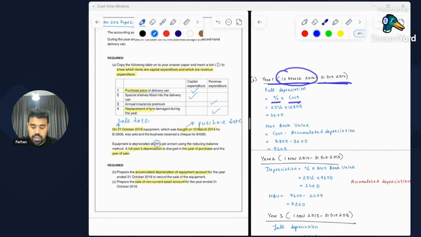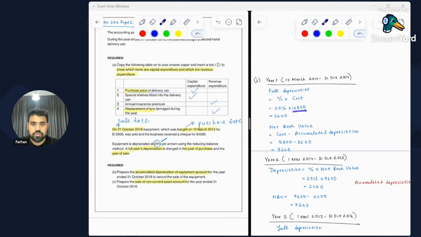All right. The given percentage in the question is 25%, which you'll see here. And then we're multiplying it with the original cost of 12,800. The question explicitly mentions the equipment which was bought on 10 March 2014 for $12,800, so this is referring to the original purchase price or the original cost of this equipment.